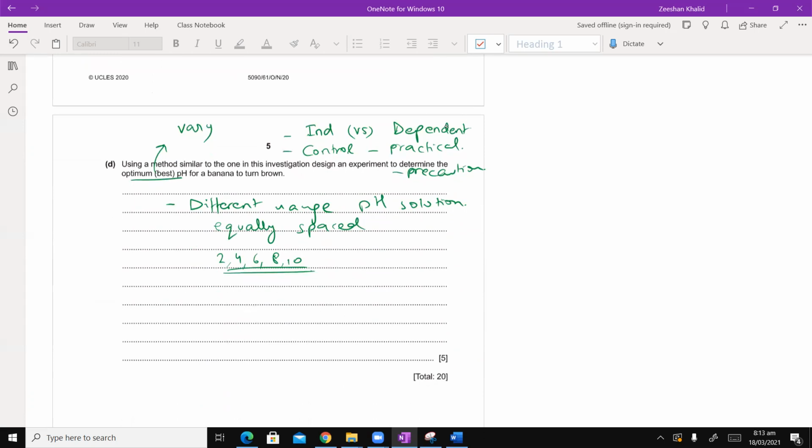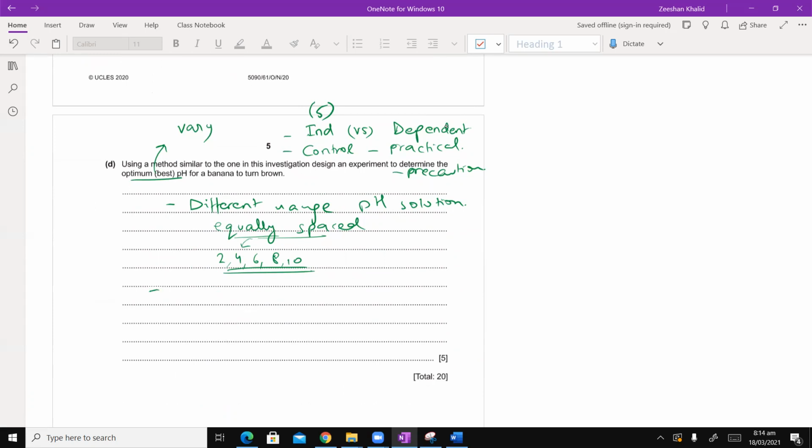You can see that when I say they should be equally spaced, you can clearly see what I mean. And also, whenever you are selecting the values of independent variable, remember minimum just standard है 5. यानी कि अगर आप, if you're trying to assess different range of anything, temperature or pH, you have to take at least 5 values. Okay.